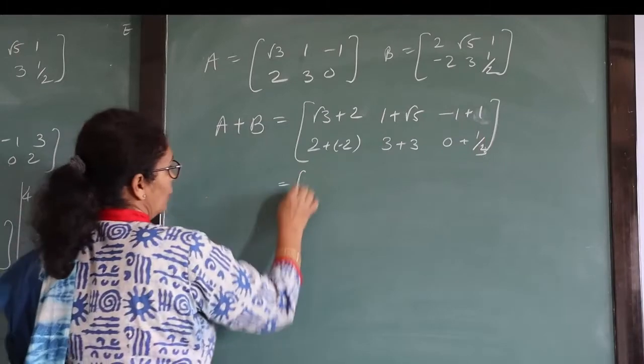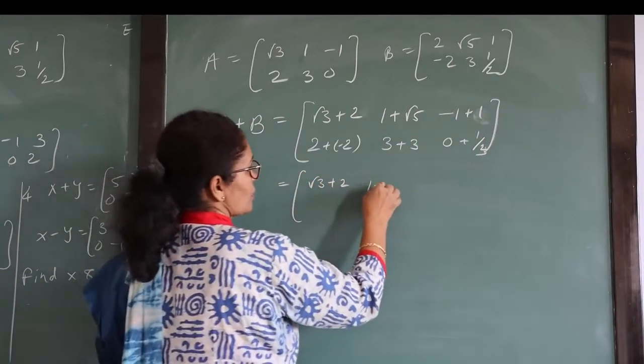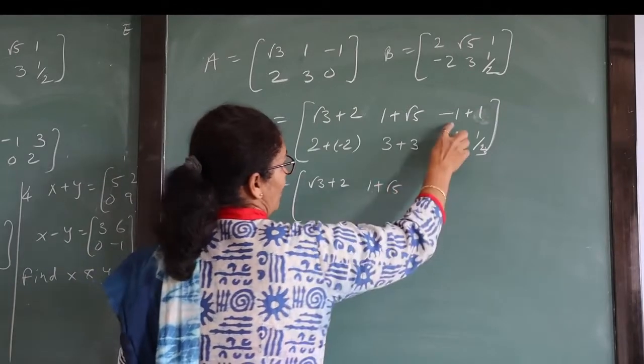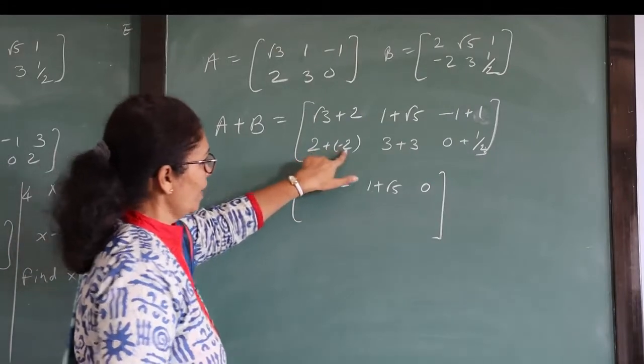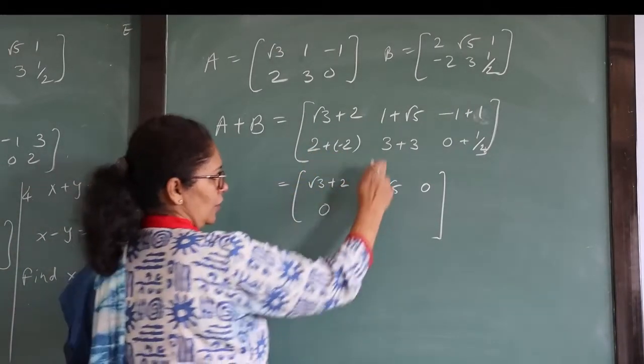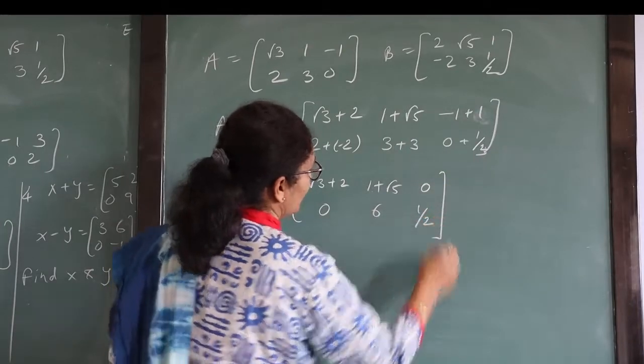Now you know 2 plus root 3 we keep as it is, no need to add it. 1 plus root 5 keep as it is. Minus 1 plus 1 will be 0. 2 plus minus 2 is also 0. 3 plus 3 will be 6 and 0 plus half will be half.